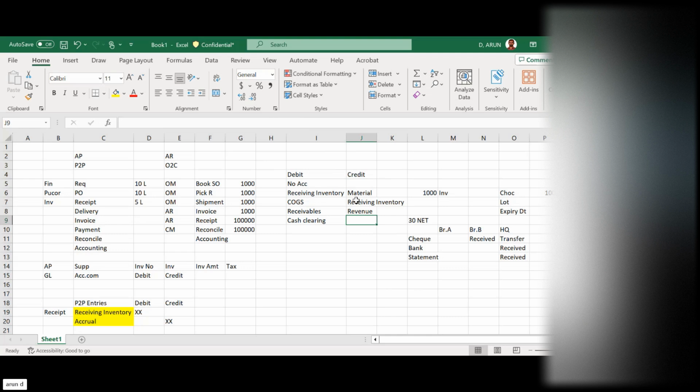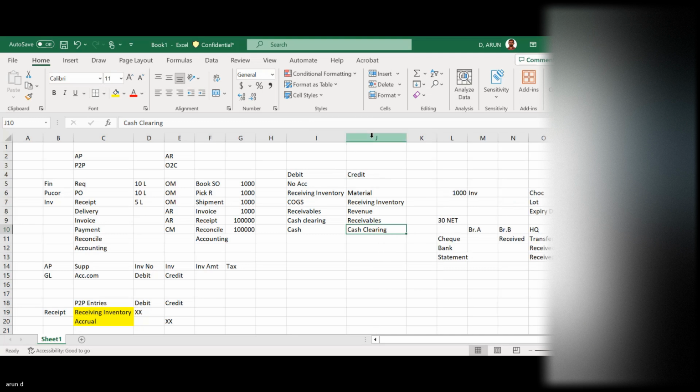In this case, I'm assuming this is a check payment that I have received, so I say this is cash clearing, and then my receivable account will be credited. Similarly, for the reconciliation, I will have the cash account on the debit and cash clearing on the credit side. So this is the flow of accounting entries for the O2C flow.